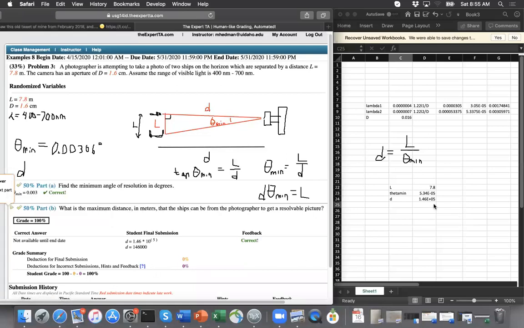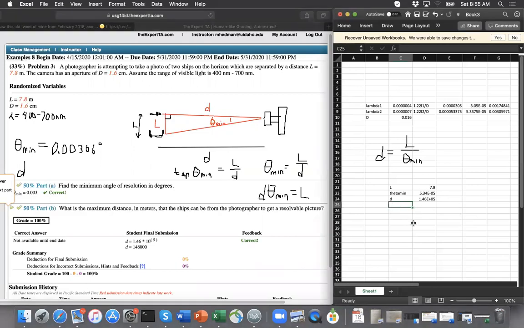Now, they asked you to do this in meters, but that's a big number of meters. We can also ask what D is in kilometers. It's just this number divided by 1,000, because there are 1,000 meters in a kilometer. And it's 146.